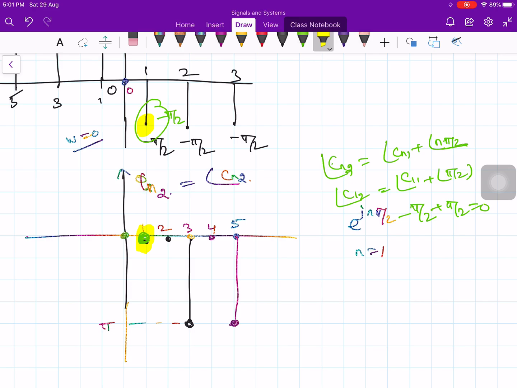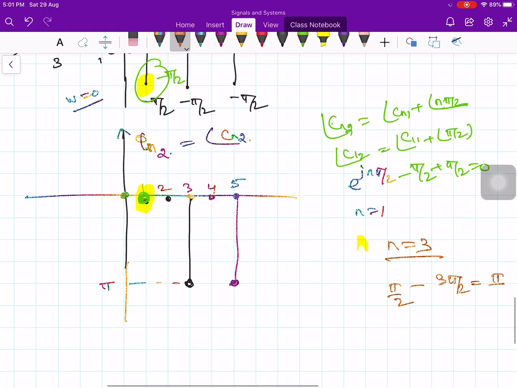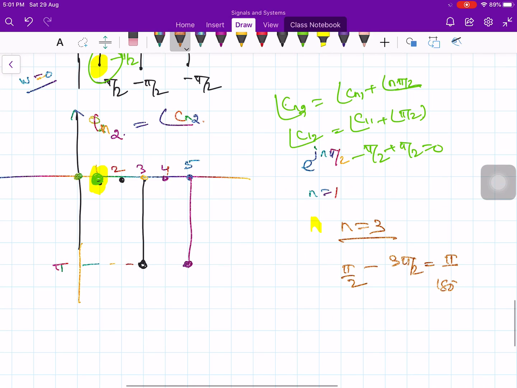At n equals 3, because we are not interested in n equals 2, we have the component only at n equals 3. At n equals 3, then 3 pi by 2 minus pi by 2, which is again pi. Okay, so this pi is again 180 degrees, and this 180 degrees you can as well say it is equal to minus pi, minus 180. Plus 180 and minus 180 are both one and the same.